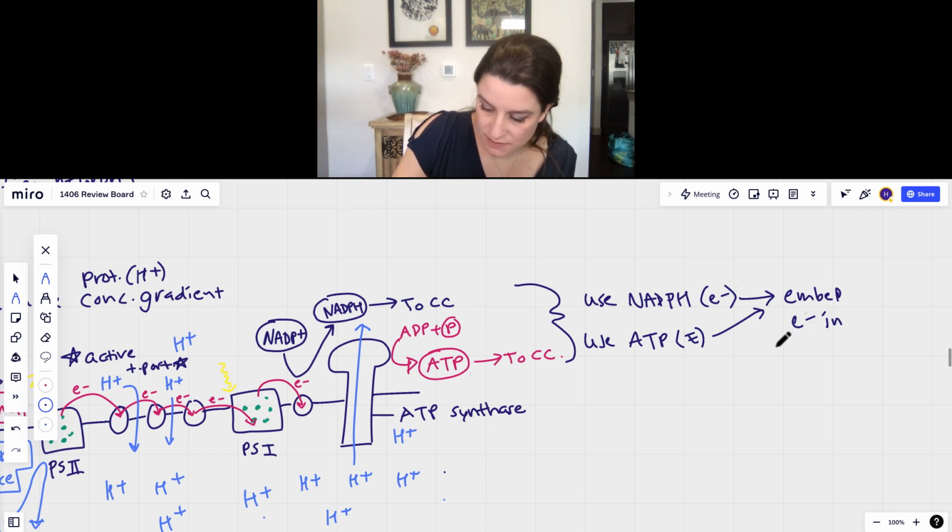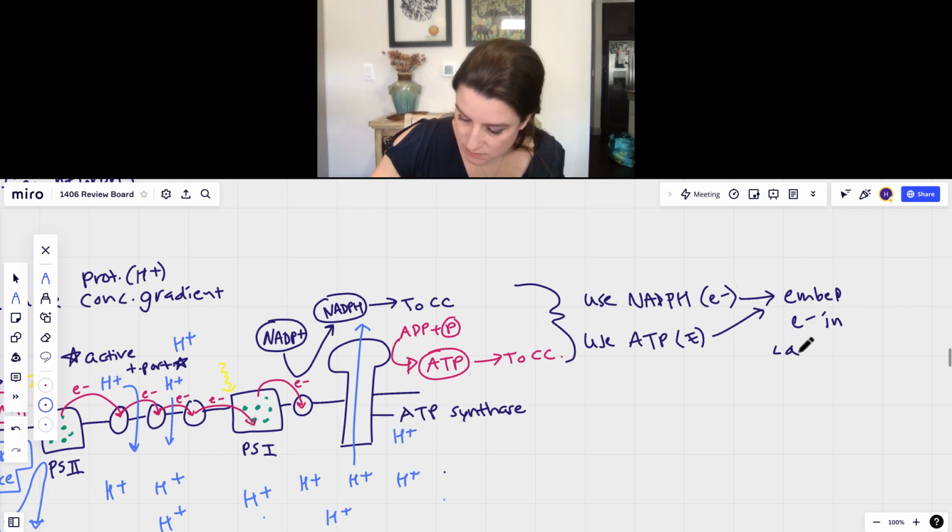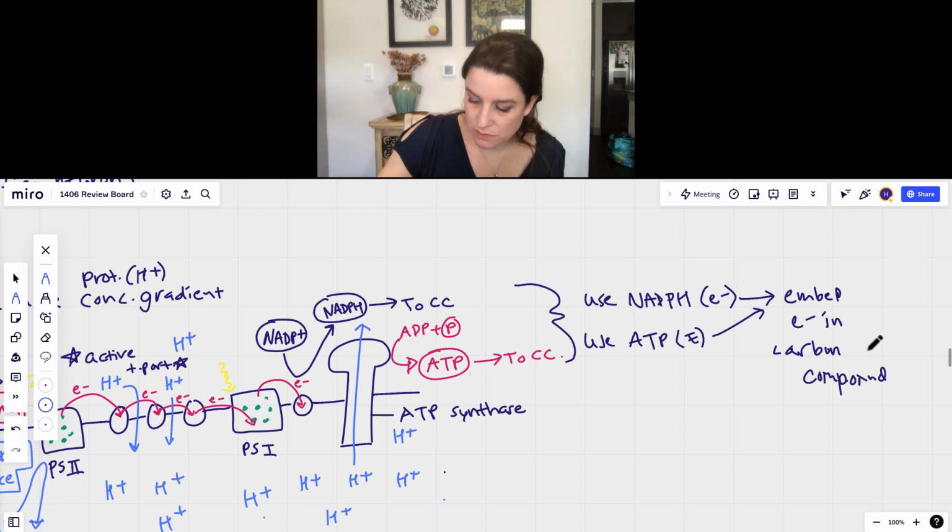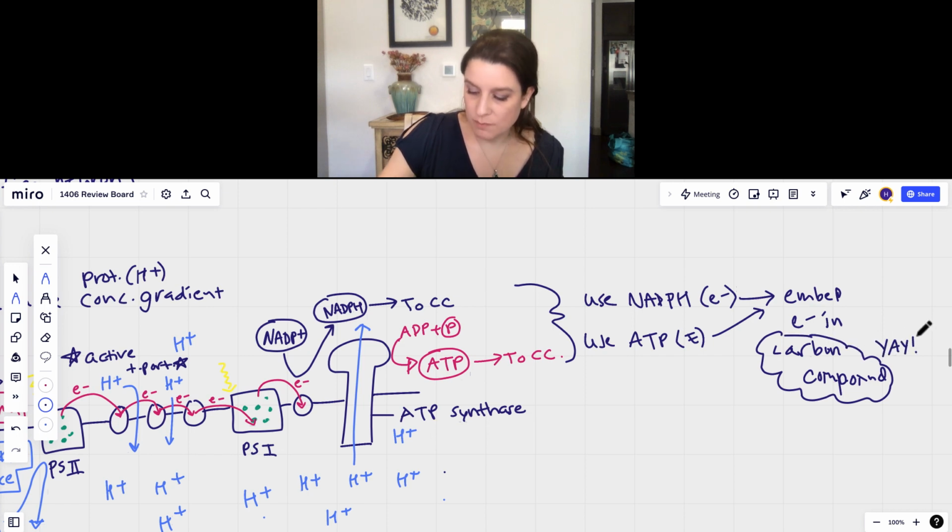That's the point of this whole process. Carbon compound means organic molecule. That was the point. So embed those electrons in the carbon compound, yay.